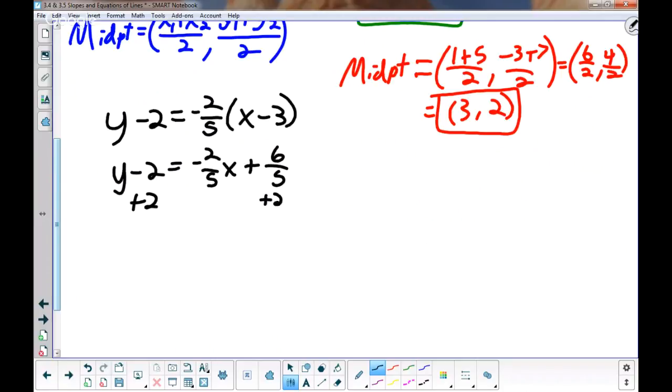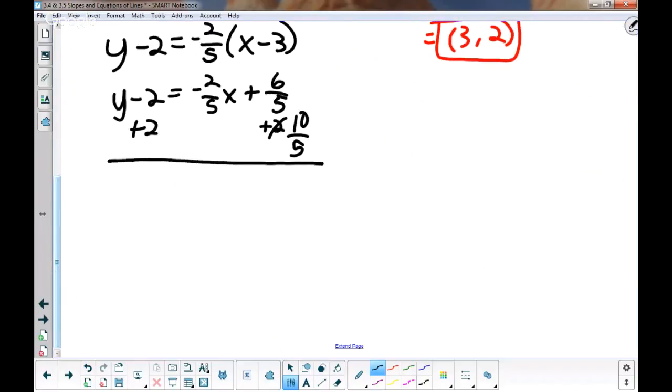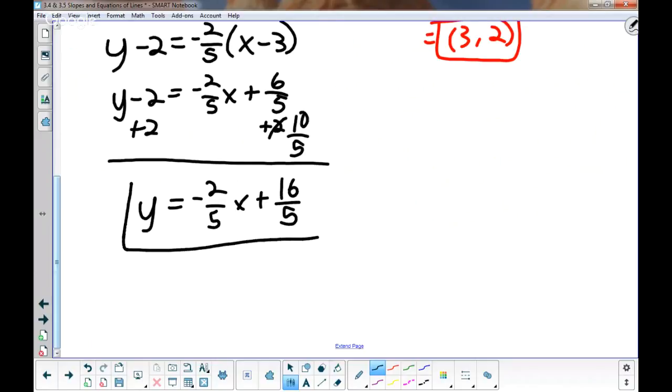Now remember, if I'm adding 2 to 6 over 5, I have to get a common denominator. So instead of 2, how about 10 over 5? Make a fraction. And at that point, I end up with y equals negative 2/5 x plus 16 over 5. And since I don't expect you to turn it into decimals or anything, we can just leave it like that. That's perfectly acceptable for us.